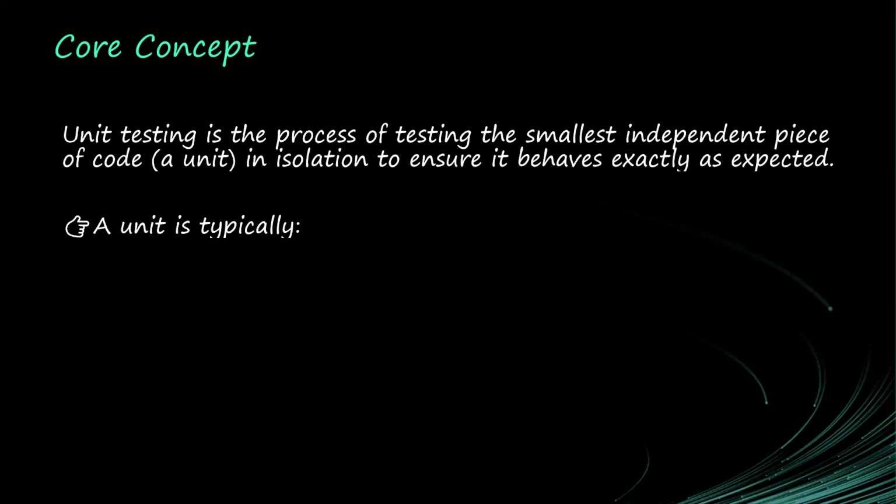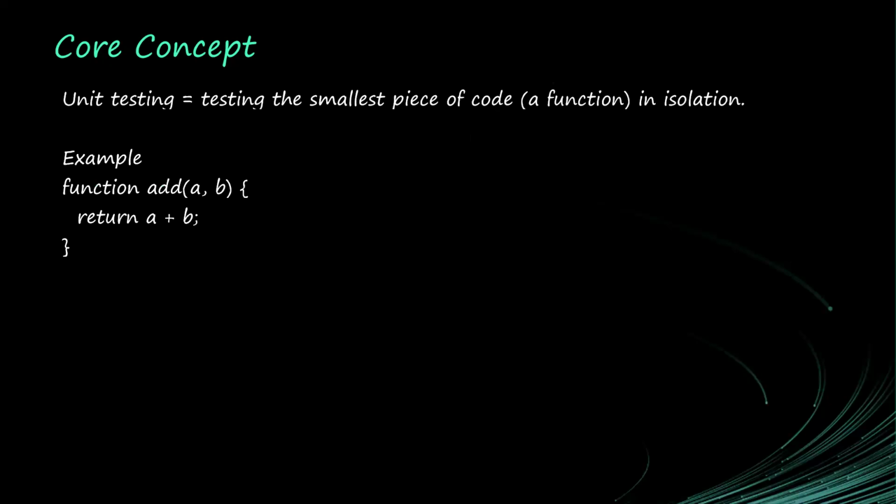So we are going to be testing our functions in isolation to ensure that they behave exactly as we expected. A unit test is typically a function, could be a method, and it could be a small module that you wrote. So unit testing is equal to testing the smallest piece of code, that is your function, in isolation.